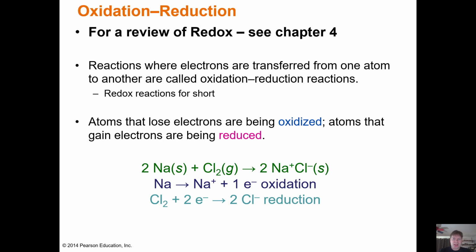So that is a loss of an electron. The chlorine, on the other hand, we can see is gaining an electron. It's going from the elemental form, which is stable, to a chloride with a -1 charge. So it has an additional electron there. So we want to be able to look at a reaction, know when we have a loss or gain of electrons.